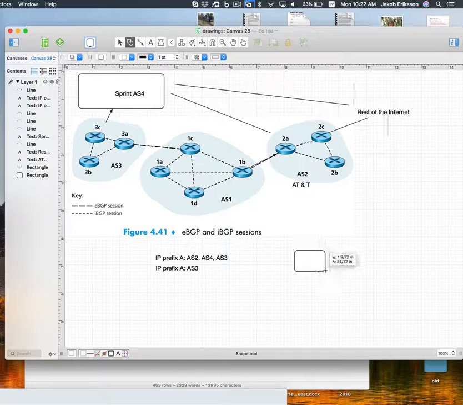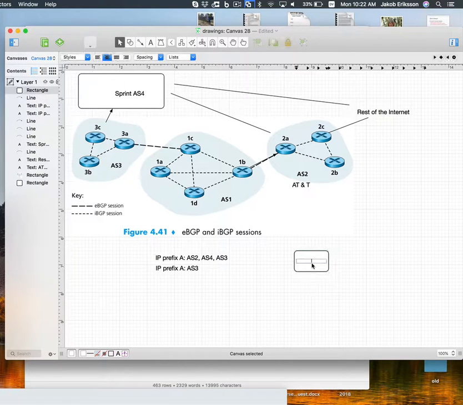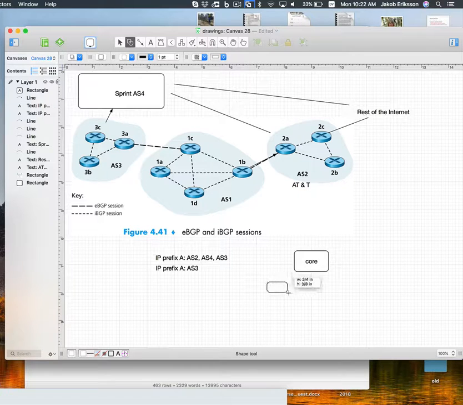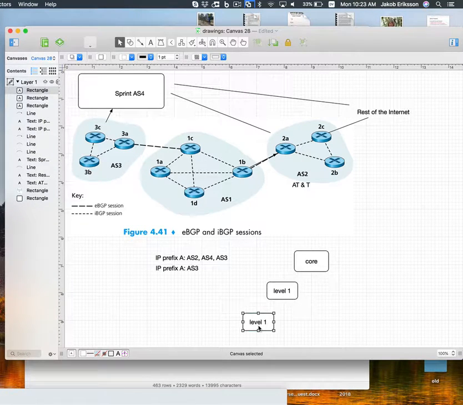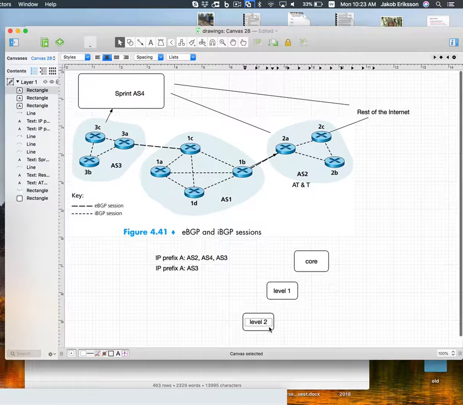Let's see, we call these core ASs, and then level 1, and then we might have a level 2.